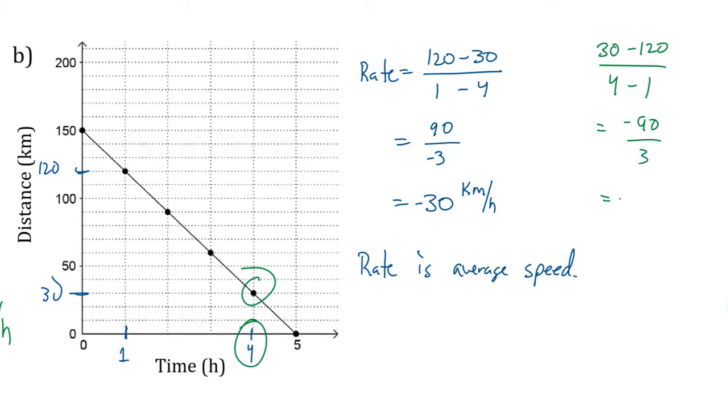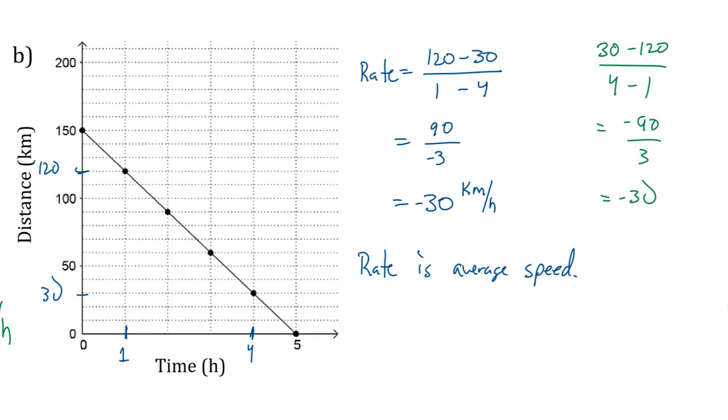So as long as the same ones go together, okay, 30 was in 4 hours. I was at 30 after 4 hours. It's important that those go together. And in that case, if I do it correctly that way, I will get the same answer. Doesn't matter which one I start with, okay?